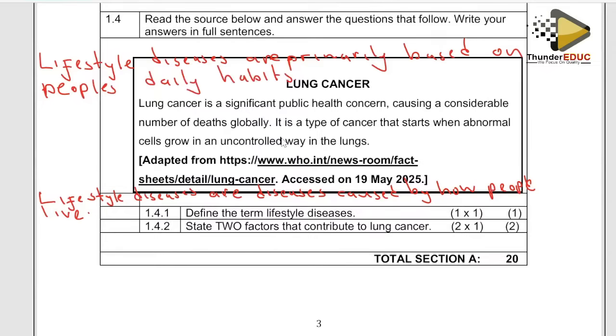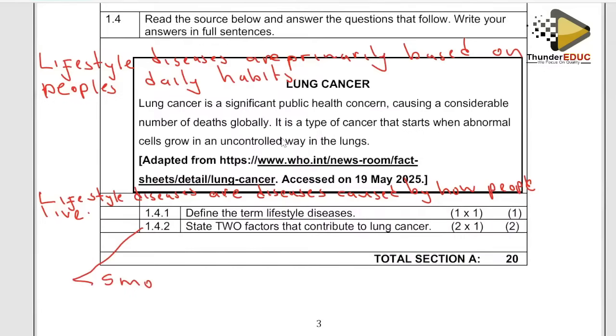Lifestyle diseases are primarily based on people's daily habits. So what you do on a daily basis actually affects you, and you end up having lifestyle diseases. Then the second question, 1.4.2, says state two factors that contribute to lung cancer.